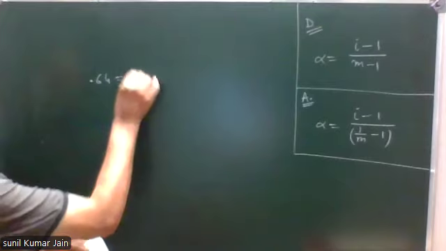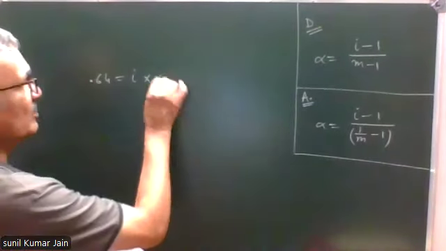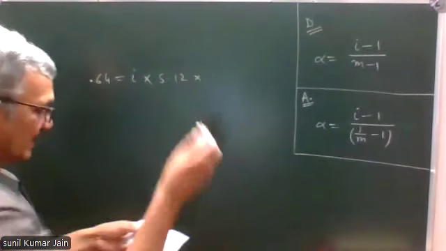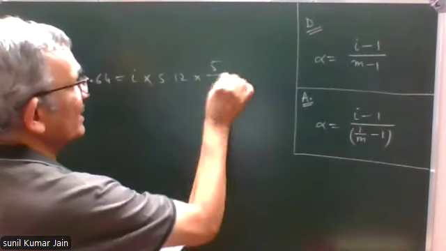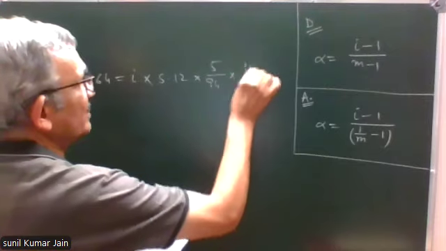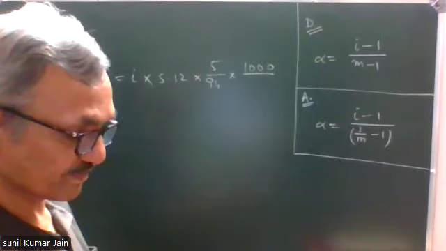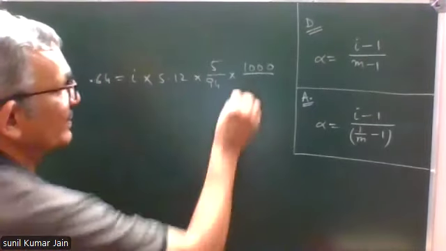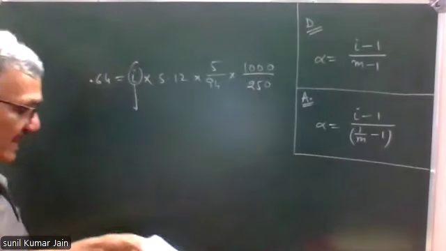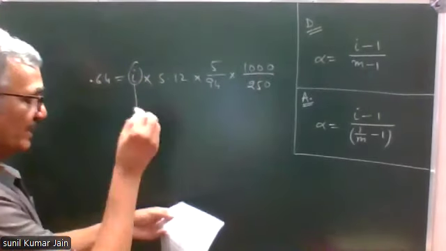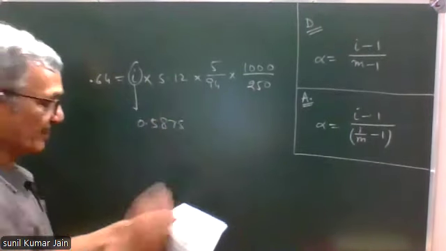So depression is equal to i into Kf. Kf is 5.12 into molality, which will be 5 grams divided by molecular weight into 1000 divided by 250 grams of benzene. From this, calculate the value of i. i will be 0.5875.